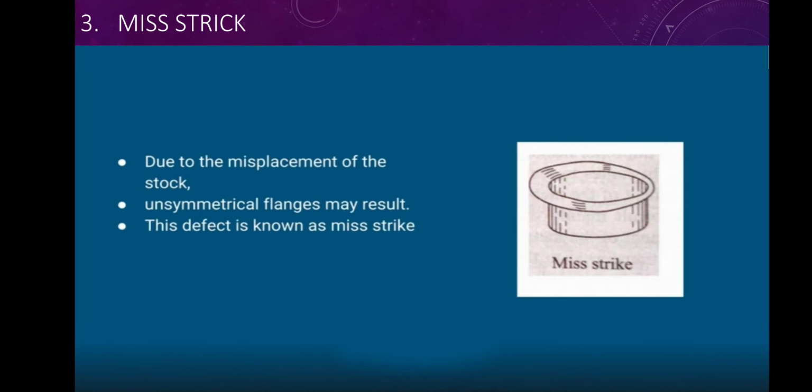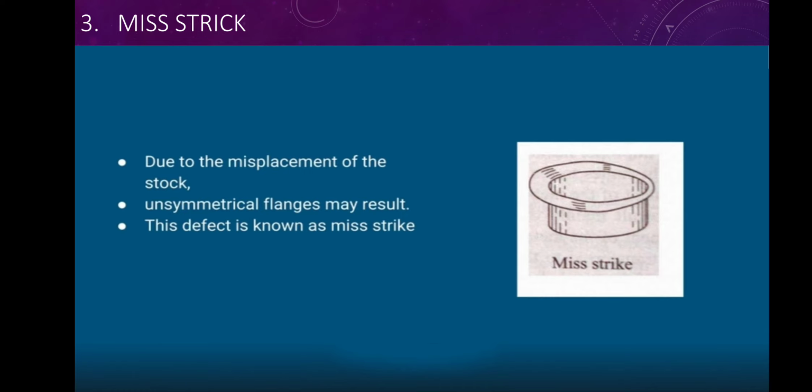The next point is the mistrike. The word itself, mistrike: if you want to strike something and miss, that is basically what the word means. See this figure. The flange is very thick, or the blank may not be placed properly. The blank is not placed properly, and the result is a mistrike.